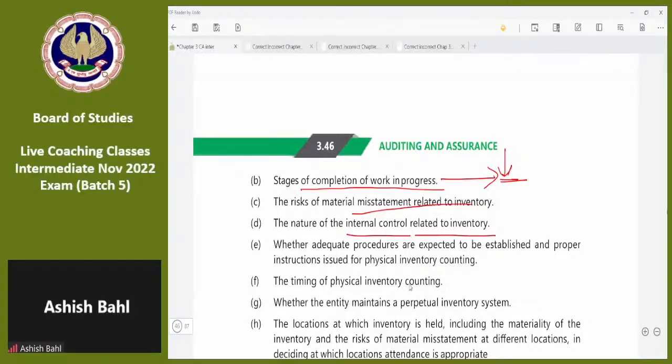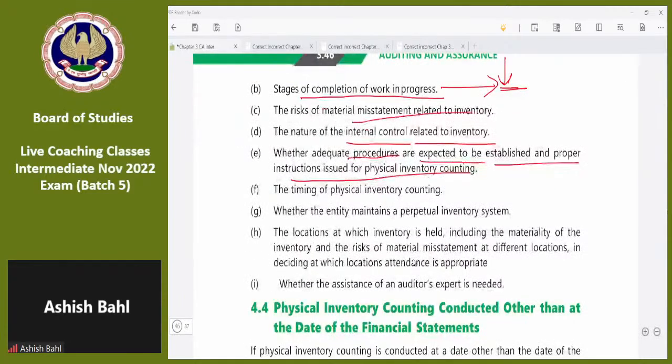Also, whether proper procedures and instructions have been given for physical inventory counting, what is the time of counting, whether it is conducted at year end or some other date, what is the location of the inventory, and whether assistance of an expert is needed.